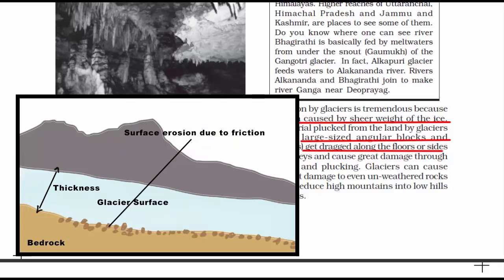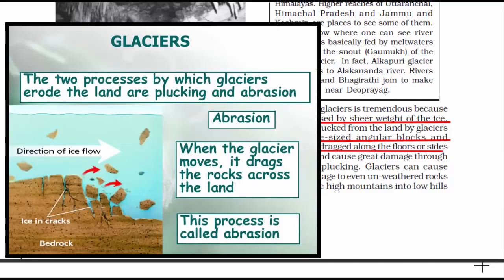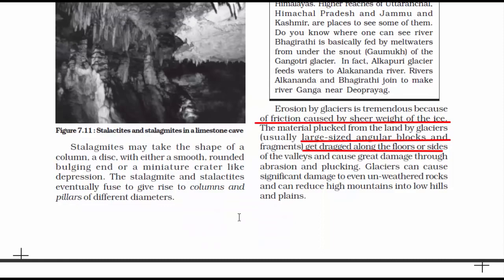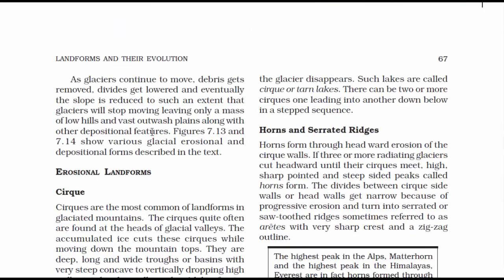Usually this surface material is in the form of large angular shaped block. That means almost a big piece of land gets dragged along by glaciers. Just imagine the power of glaciers. It has the power to reduce high mountains into low hills and plains. As glaciers continue to move, the slope of the mountains is reduced to such an extent that glaciers will stop moving, leaving only a mass of low hills.